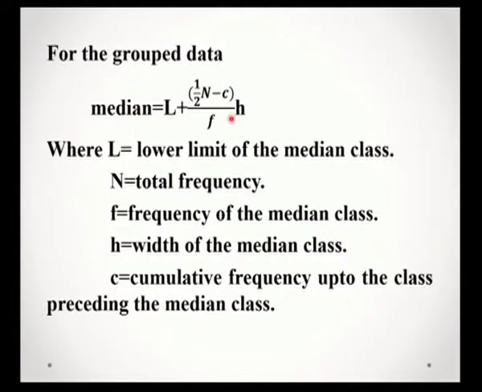If you are given grouped data, the median can be calculated by this formula: L plus (n/2 minus c) over f, into h, where L is the lower limit of the median class, n is the total frequency, f is the frequency of the median class, h is the width of the median class, and c is the cumulative frequency up to the class preceding the median class.